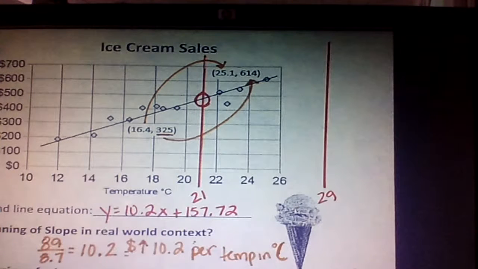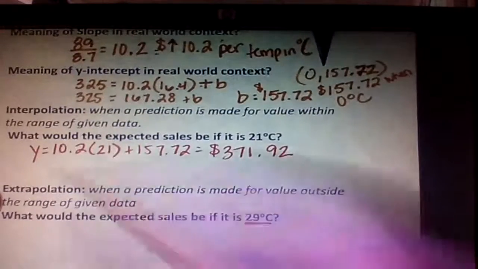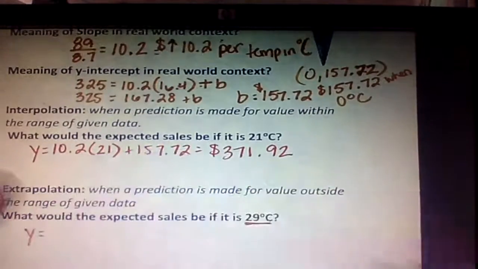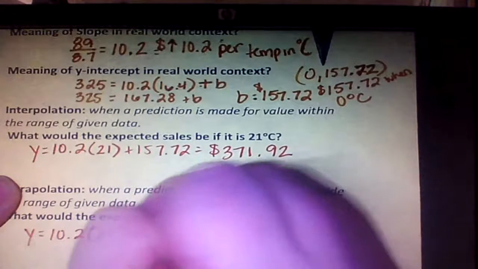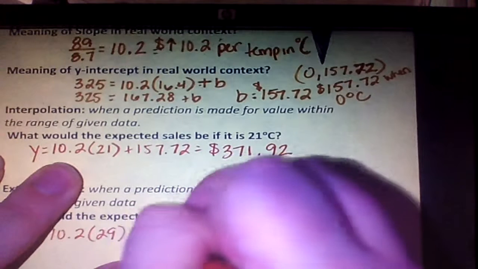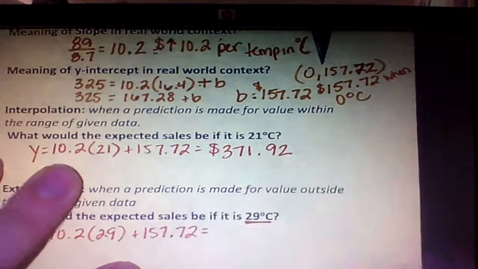If I'm guessing something inside, interpolate. Okay. So again, let's use our formula. Y equals 10.2 times 29 plus 157.72.